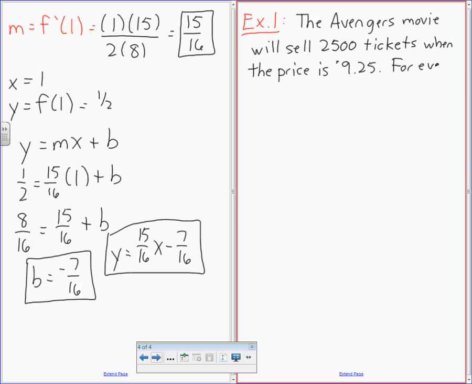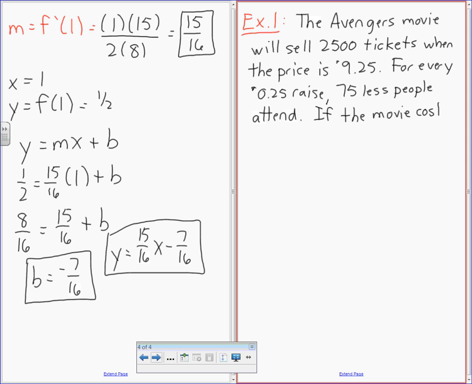For every 25-cent raise, we'll say 75 fewer people can come. If the movie costs $6 to the theater, at what price will maximize profit?